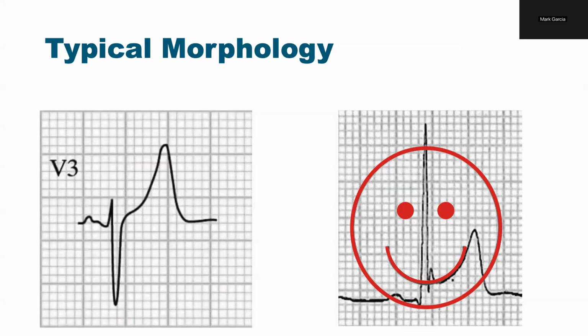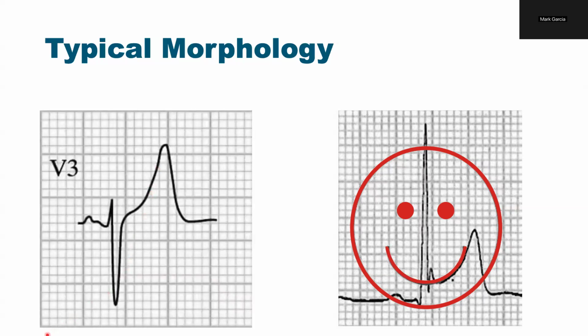Another way to tell the difference is by looking at the morphology of the ST segment and the Q wave. So here you'll find that, oh look, there's a smiley face of the ST elevation. It concaves up. Okay.